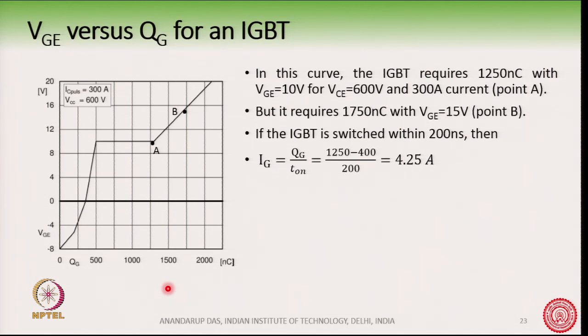But if you increase the Vg to the point B, about 15 volts here, then you will need roughly 1750 nanocoulomb of charge from the complete off stage to a complete on stage of the device.